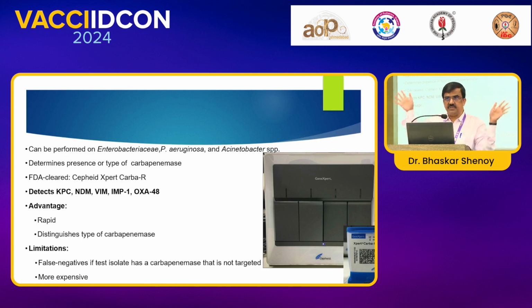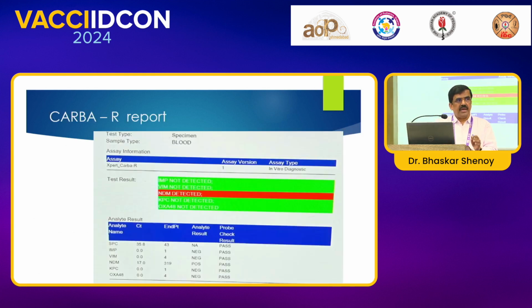There are hundreds of genes, but only 5, that is KPC, NDM, VIM, IMP and OXA-48, can be detected. It gives a faster result, and the cost in our hospital is around 2,000 or 2,500, not very costly compared to the results that it gives. And here, Devesh, this child got a Carba-R report now, NDM is detected.